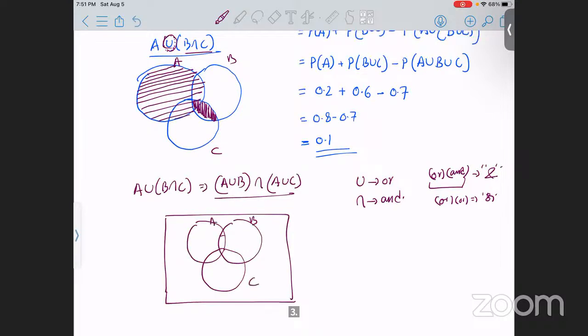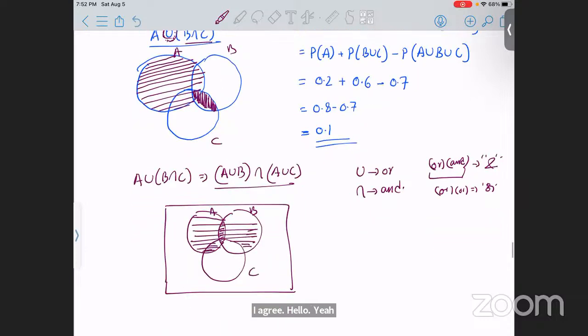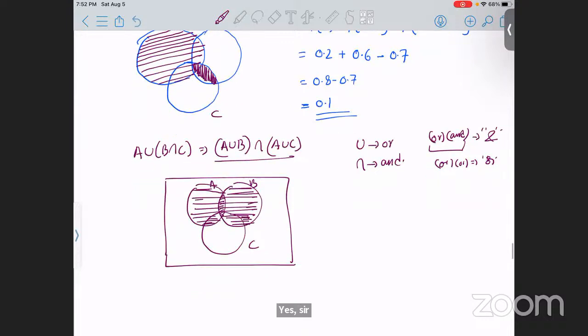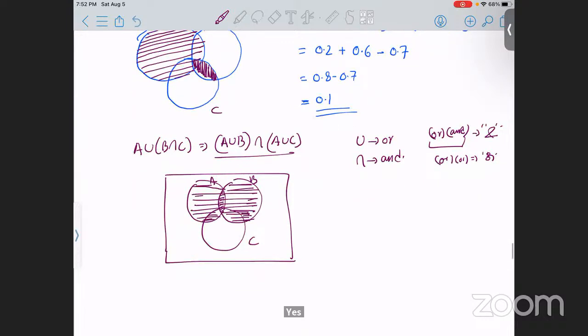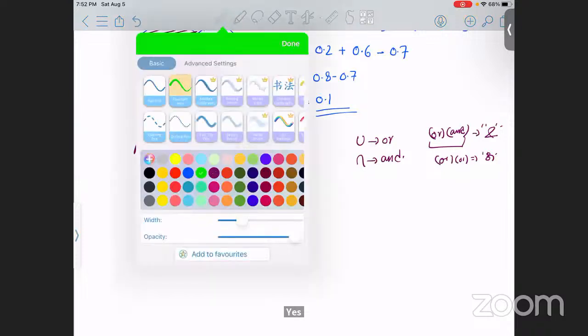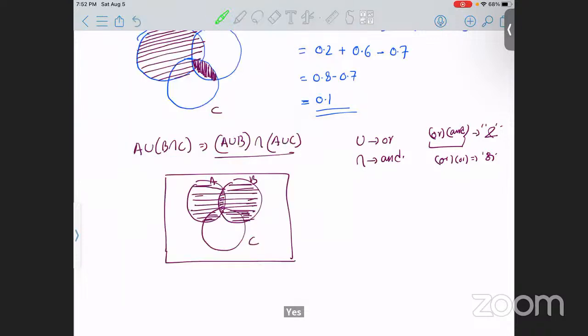A union B is this thing. Agree? This is A union B. Yes, sir. And then A intersection C, I will draw it in another color. A intersection C.